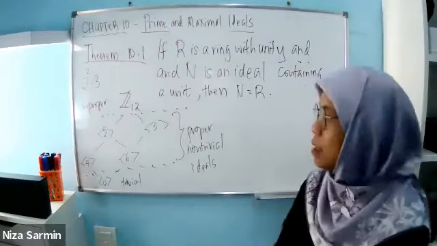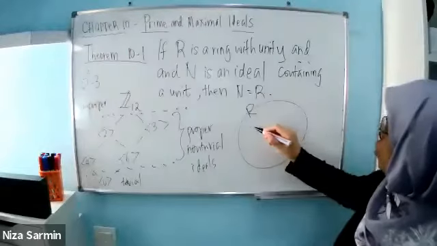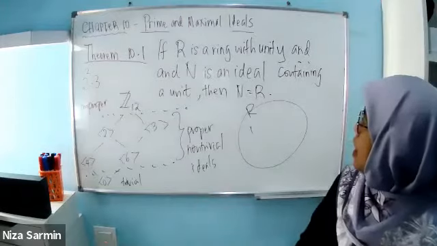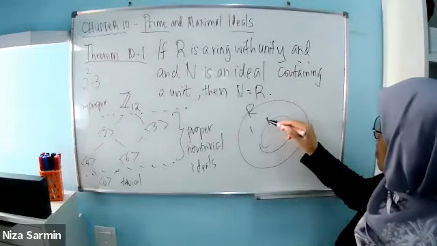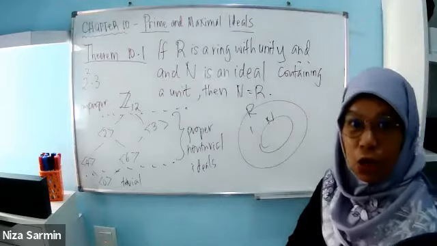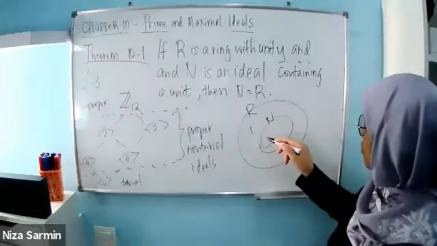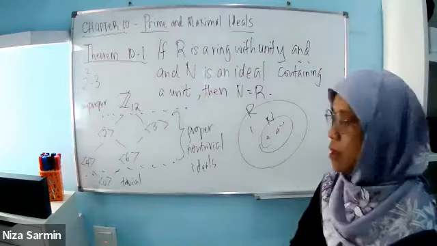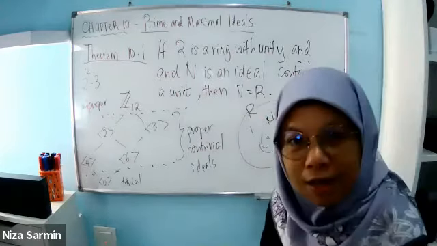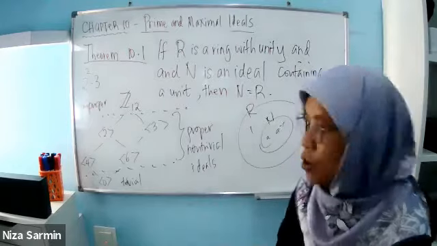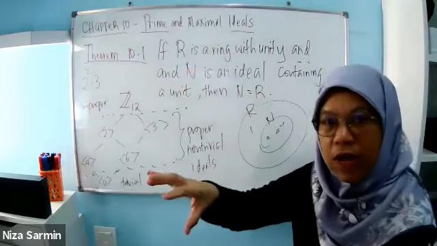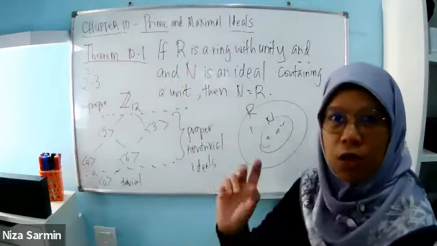Okay, so you imagine R is a ring with unity. We call it maybe 1, or it can be an identity matrix. And N is an ideal containing a unit. Meaning if you have A, there is A inverse in there, then N has to be the whole ring. Okay, so the proof follows from the definition of an ideal and having a unit.